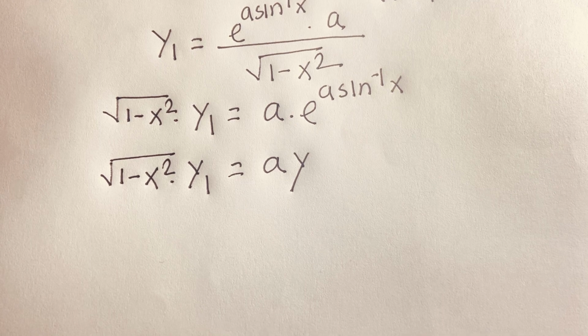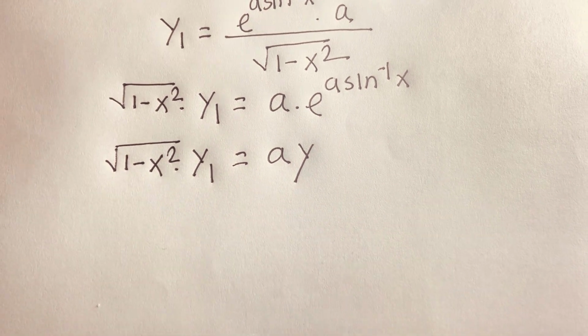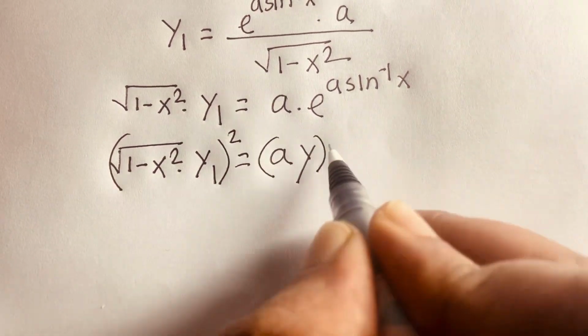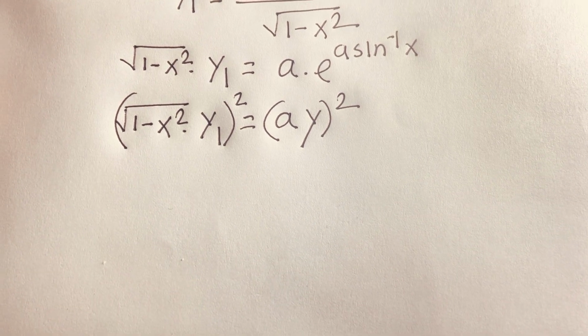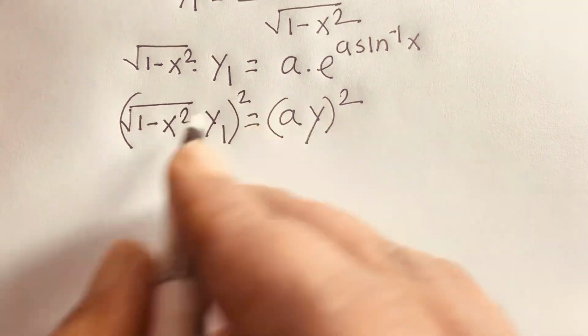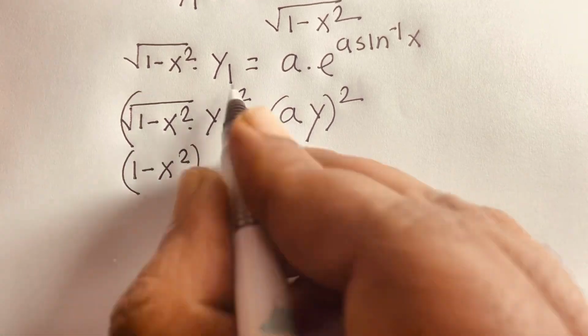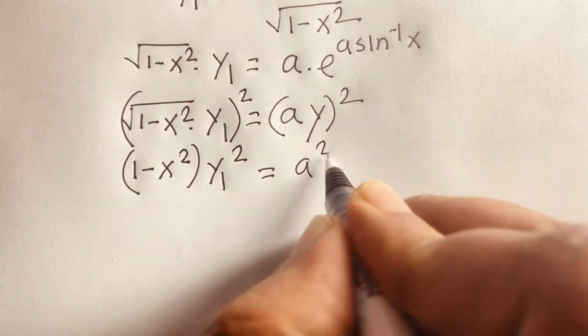At this moment, if I want to remove this square root, I square both sides. So the square root cancels, and 1 minus x squared times y1 squared is equal to a squared y squared.